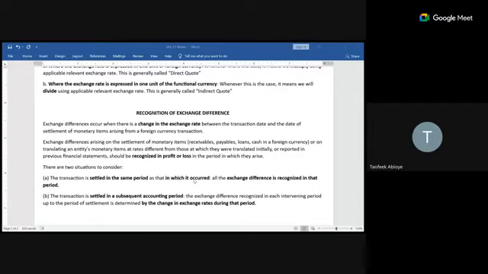When you are dealing with hedging instruments designated as cash flow hedging under IFRS 9, that one is going to OCI. Then foreign currency borrowing, those are the ones going to OCI. The rest go to P&L. So what they are saying here is that when you have an exchange gain or exchange loss, how are we going to treat it?